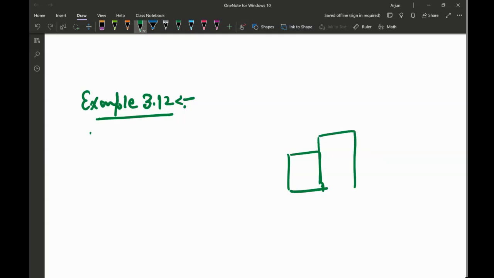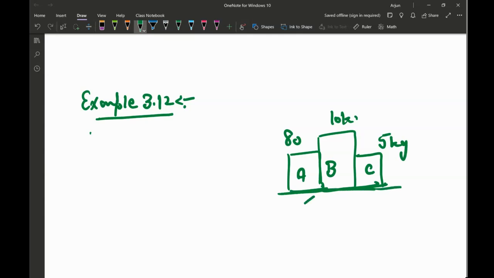The mass of box A is 8 kg, the mass of box B is 10 kg, and box C is 5 kg. Imagine there is a frictionless surface, so there is no force of friction in this case.